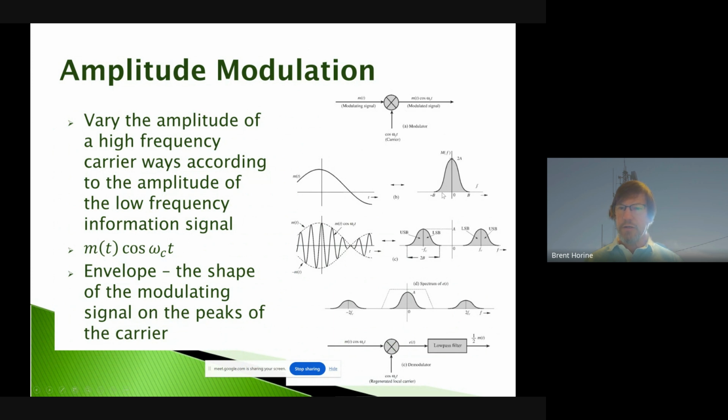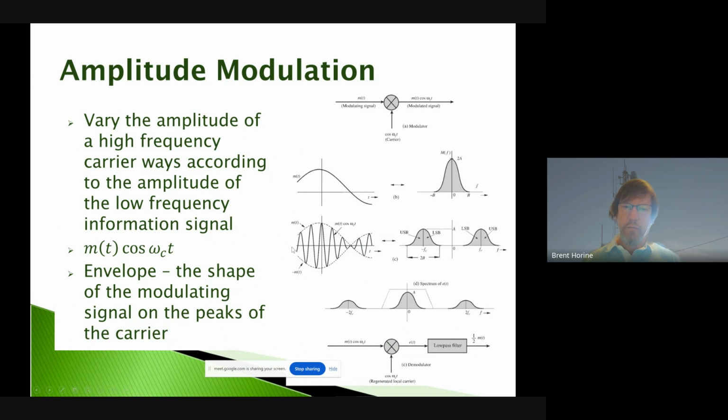Where our low pass signal has a bandwidth of B for positive frequencies and minus B for negative frequencies, when we translate it, we're going to end up with twice the bandwidth, because we're translating that whole part of the signal, right?